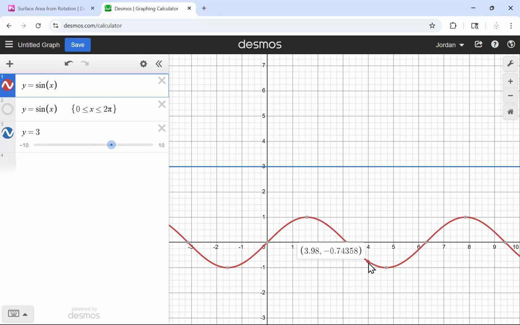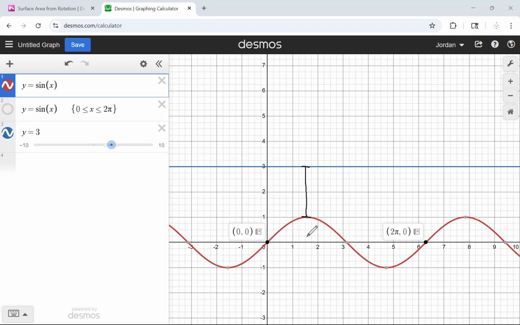Here is my y equals sine x curve. It goes from negative infinity to positive infinity, but the section I'm looking at goes from 0 up to 2 pi. So this section here, we're revolving it around the line y equals 3. That is a horizontal line.